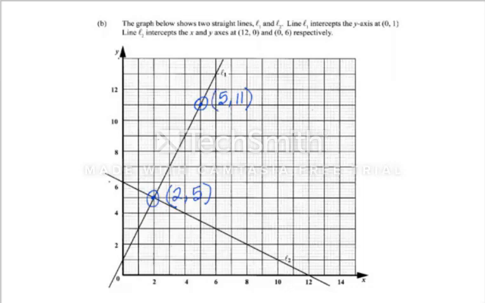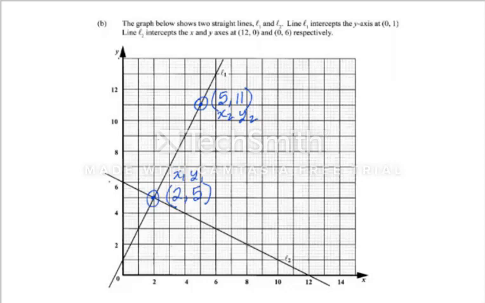So to determine the gradient of a straight line, we need to know the coordinates of at least 2 points on that line. I'm going to call this point x1, y1, and call this point x2, y2. Remember that the point (2, 5) is common to both line L1 and L2, so I need to know at least 1 point on the line L2.